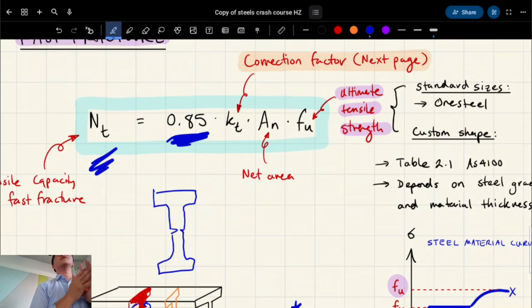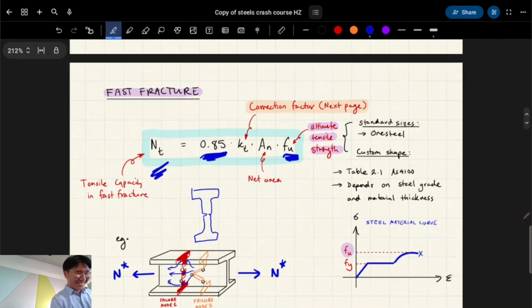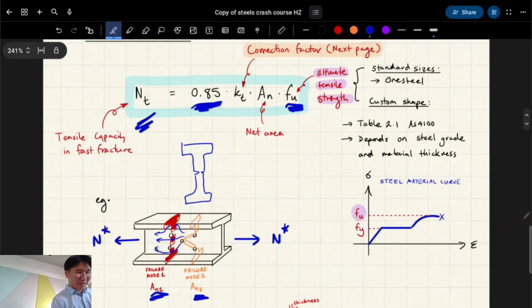Pretty much, yeah. Definitely just do both anyway. But I'm pretty sure fast fracture will only govern because we're going to be using Fu. I love saying that. We're going to be using Fu for this one, so it's going to be a higher strength.